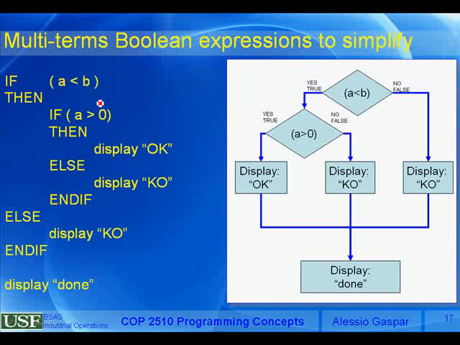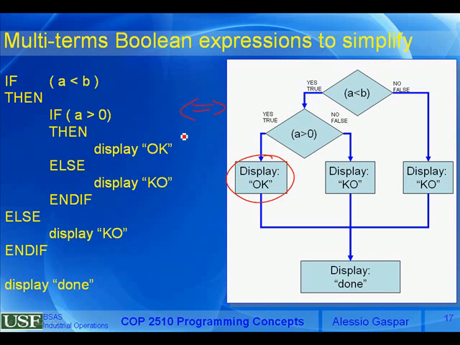I'm rewriting the same code. I want to keep the same semantics, the same meaning. When condition A lesser than B is true and condition A greater than 0 is true, I want to execute the same code. So we're not talking about changing intent. What you have here is a flowchart diagram on the right and the pseudocode on the left.